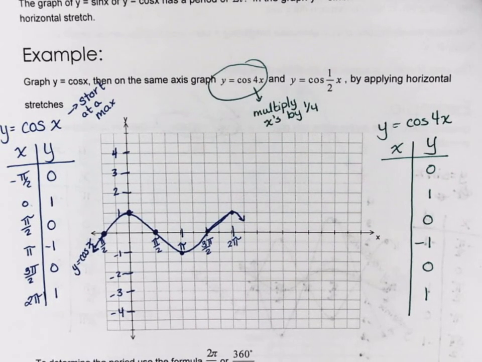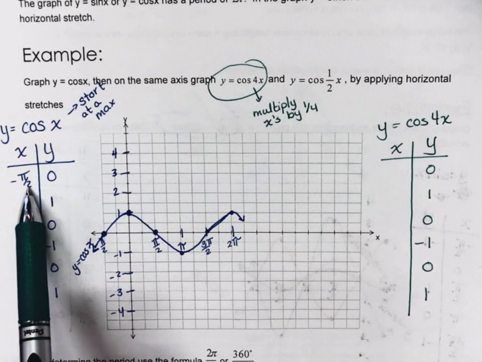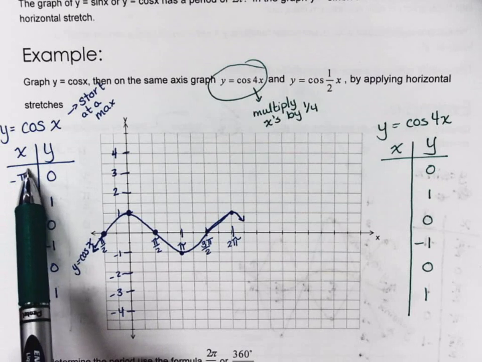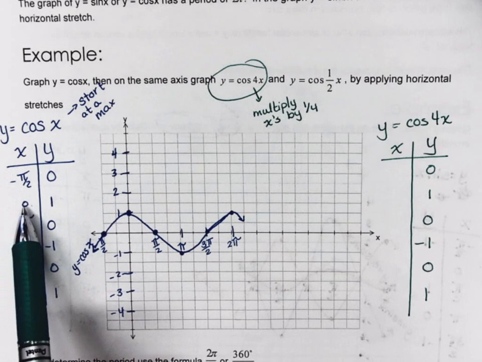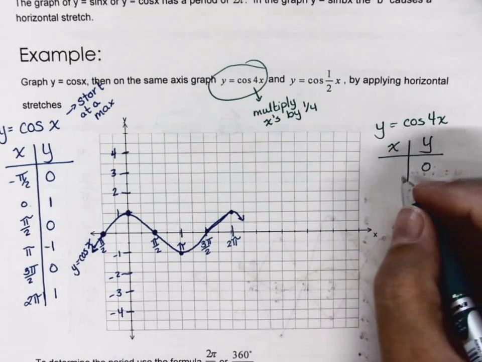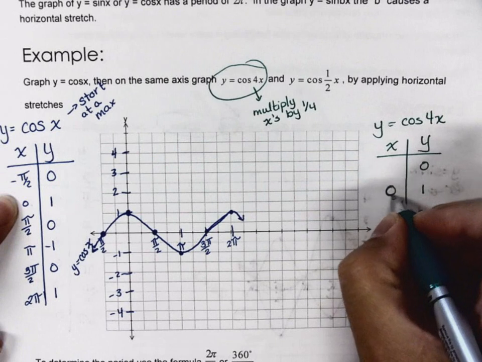So really what we're going to do is take our x values and multiply them by a quarter. Let's start at 0. What's 0 times a quarter? 0. So that value is going to be 0.